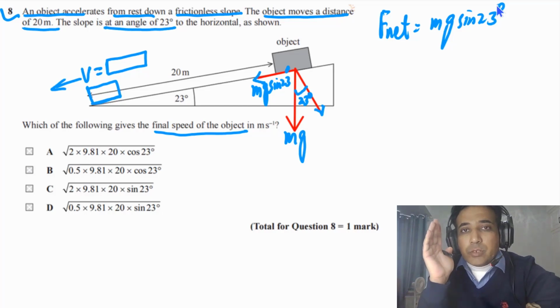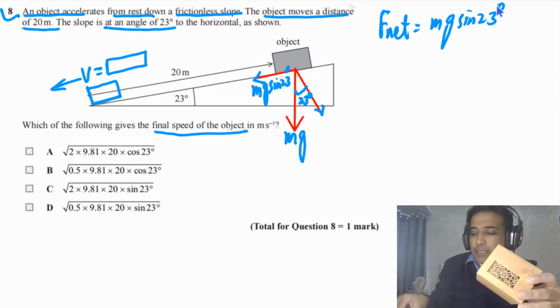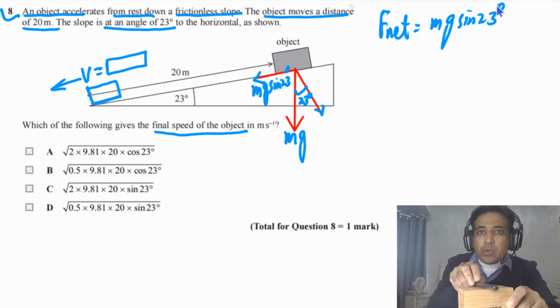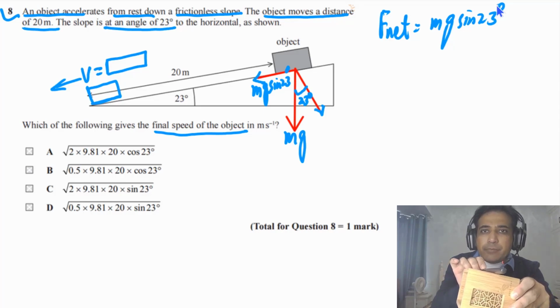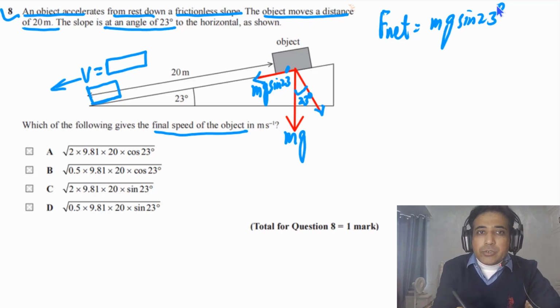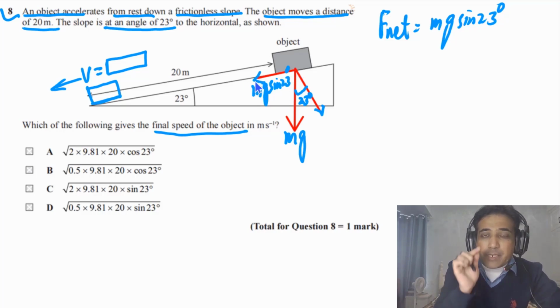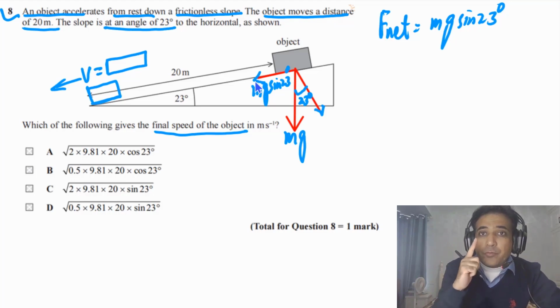Imagine that I place this marker on this box and it just stays here, but if I increase the angle with the horizontal, this marker will go down. Why does it go down? Because there is a force acting on the object down the plane, and that is the component of gravity.